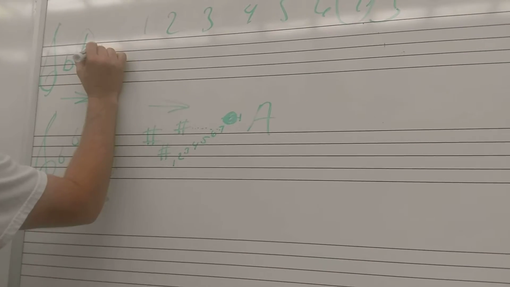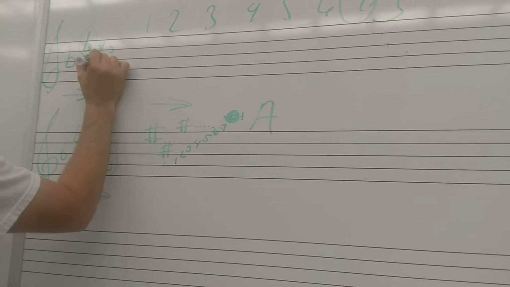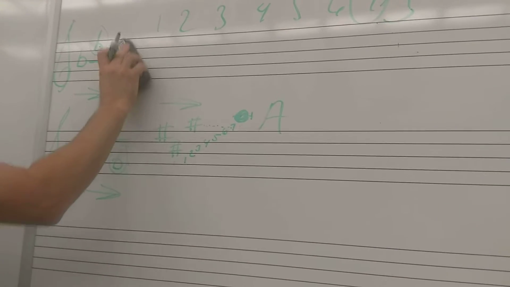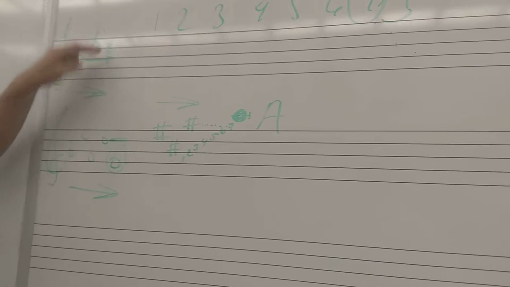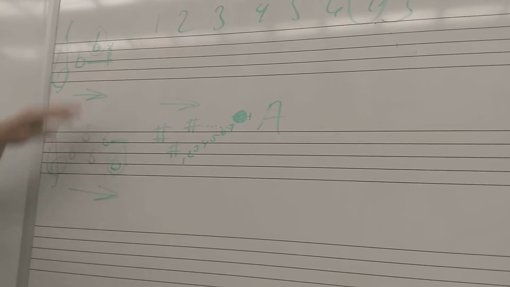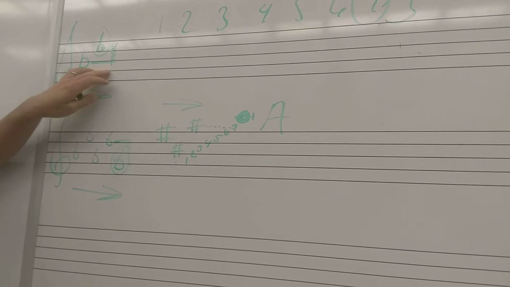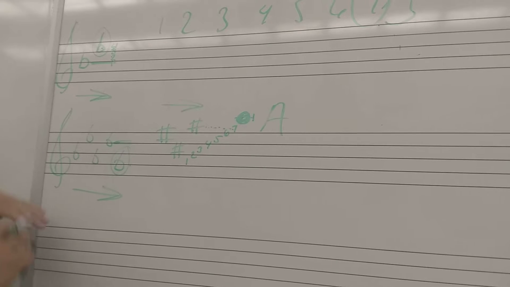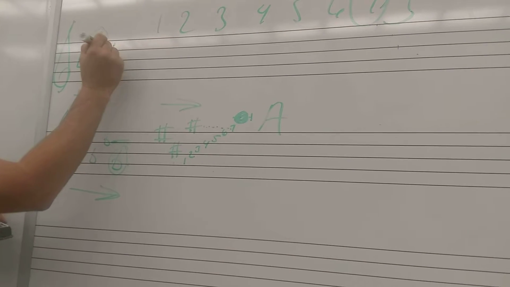Because if I draw them like this, they overlap. See how it's kind of ugly to look at? That's the only reason I did it that way. But you can do it that way when you're counting them down. I just did them side to side. It didn't make any difference. I thought it would be harder to read like this. That's the same thing as what I drew. It's just whether you're on a space or a line.